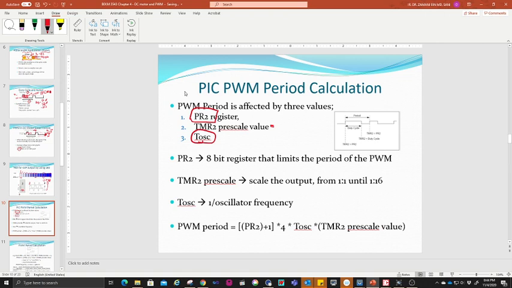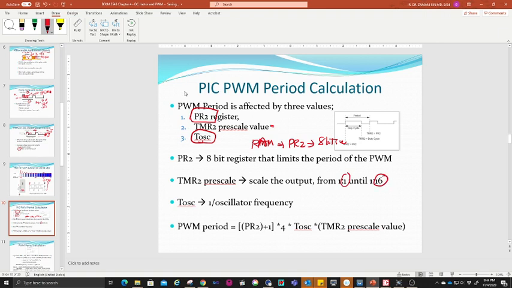PR2 is an 8-bit register. If you go back to your RAM, you can try to find this name, PR2, which is an 8-bit register. You have the timer 2 prescale, which scales the output from 1 to 1 until 1 to 16. This is the ratio that you need to get the value.